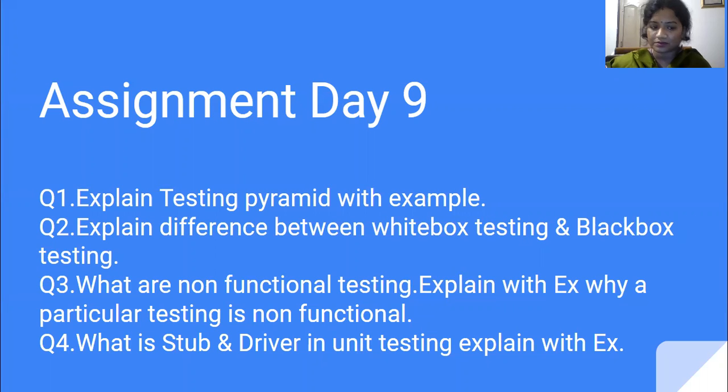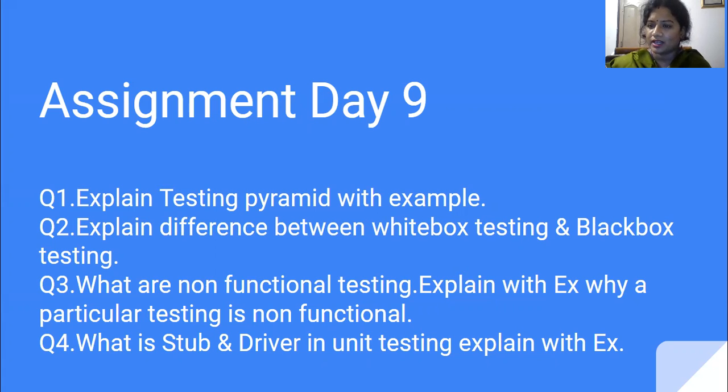So let's move on to the next question, that is, explain the difference between white box testing and black box testing. When we can see the code and we do testing, that is white box testing. As there is transparency to the code, as we can tell from the name white box, it is called white box testing.